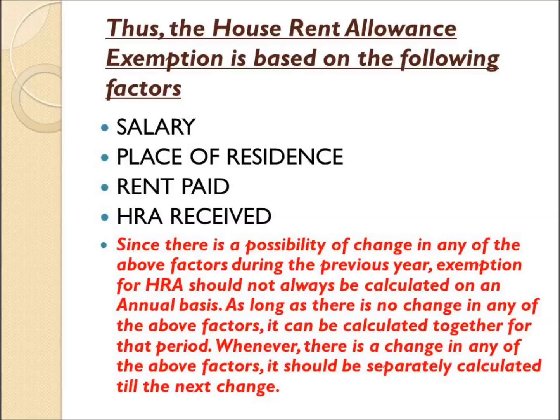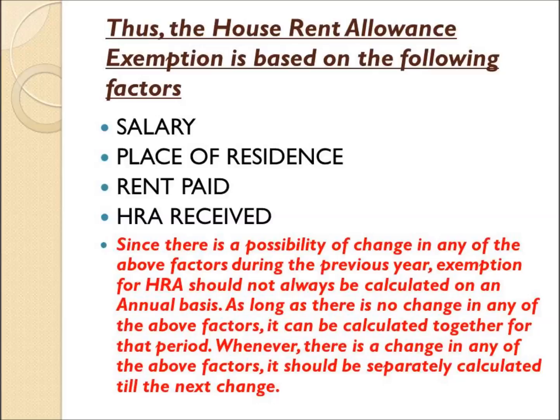Number two is place of residence. The place of residence also is a factor on which HRA exemption is based, because if I am residing in the metros, the HRA exemption will be 50% of the salary if it is the minimum amount amongst the three. And if I am residing in other cities, the HRA exemption will be 40% of the salary if that is the minimum amongst the three.